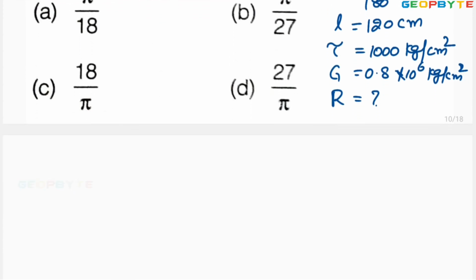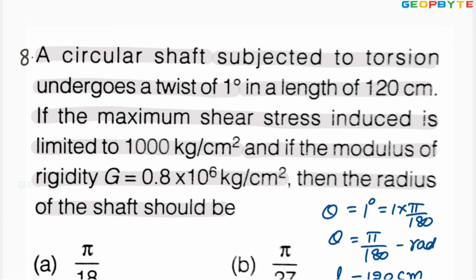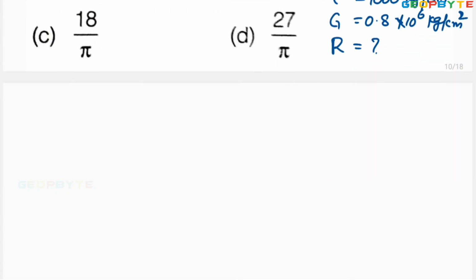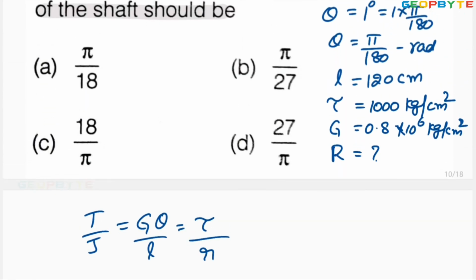As we know, the torsion equation is T by J equal to G theta by L equal to tau by R. Look at the data which is given. Theta is given, L is given, tau given, G given. You are asked to find the radius.